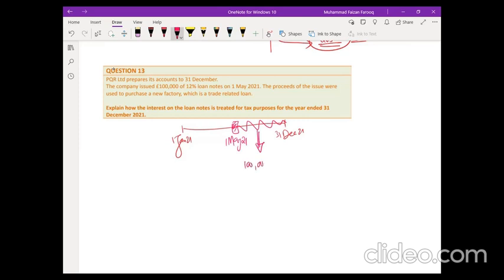So it's 100,000 at the rate of 12%, and the percentage is for the year. How many months? May, June, July, August, September, October, November, December, 8 months. So the interest amount, or you can say the interest expense, is how much?